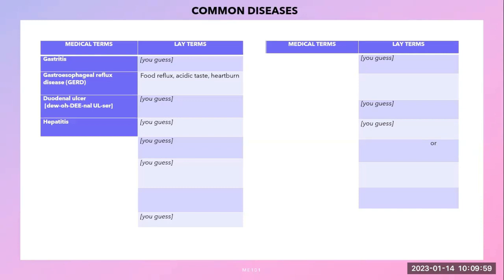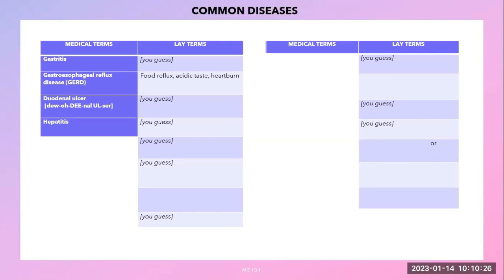Hepatitis. So anyone? Hepa means liver. Itis means inflammation. So hepatitis means inflammation of the liver. Yes, perfect. Okay, it could be everything, right?